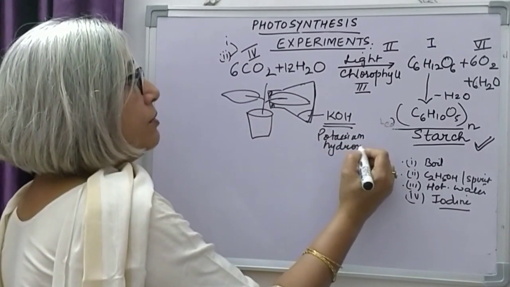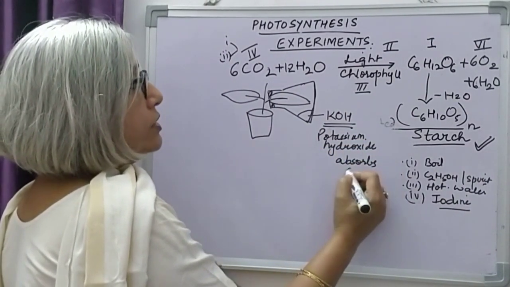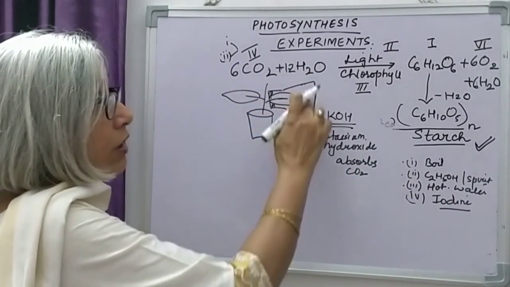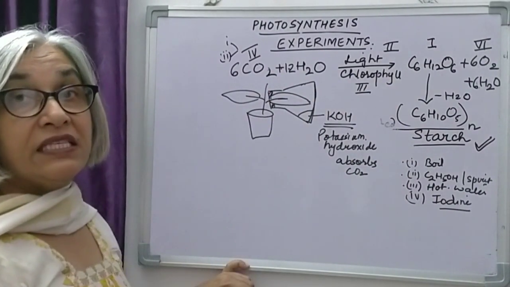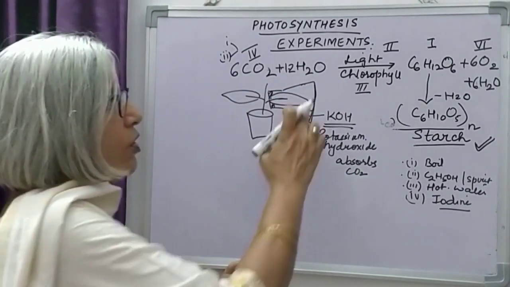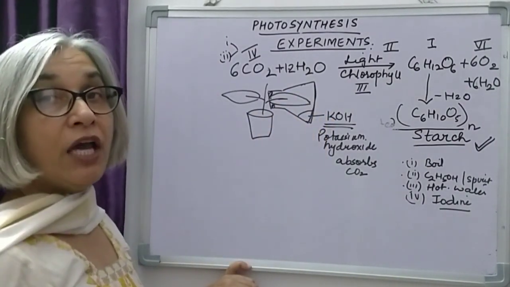Now potassium hydroxide absorbs carbon dioxide that is present in the air. So all the air present inside the flask is devoid of carbon dioxide because carbon dioxide has been absorbed by potassium hydroxide.